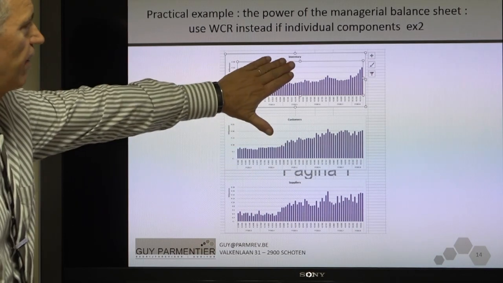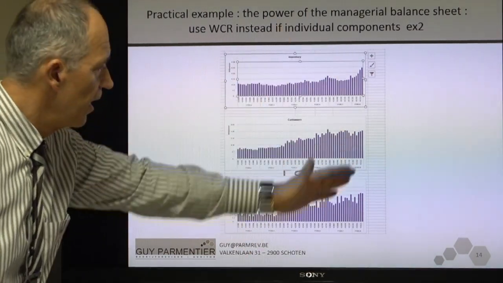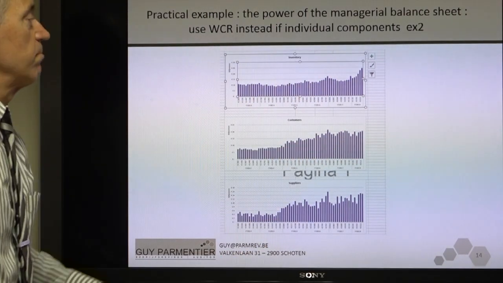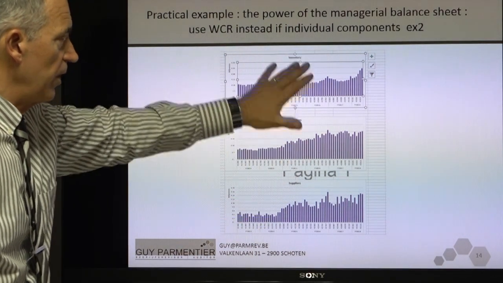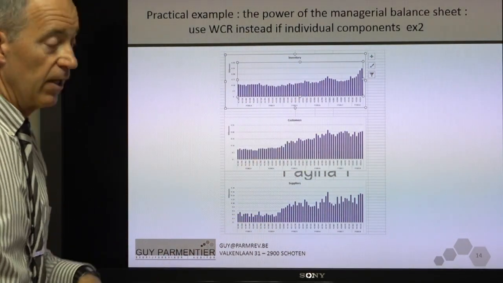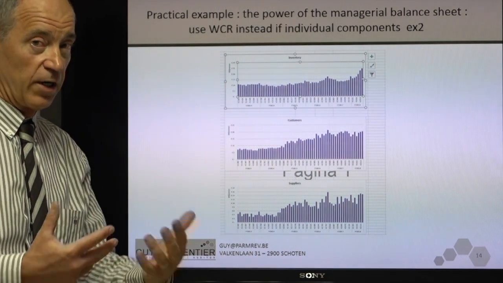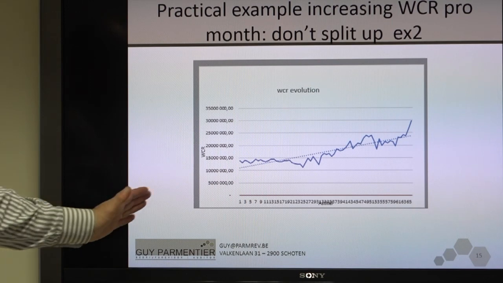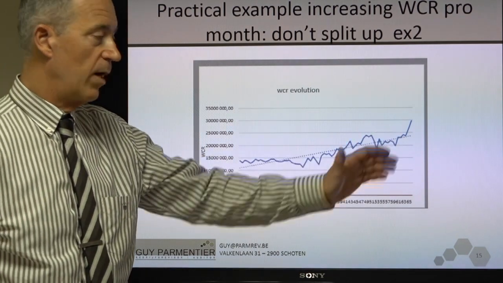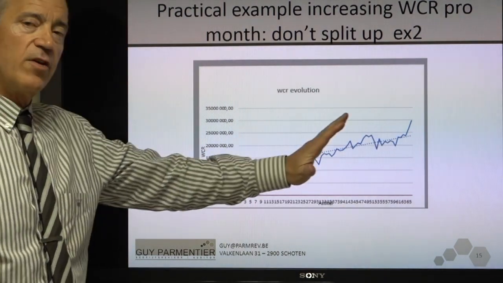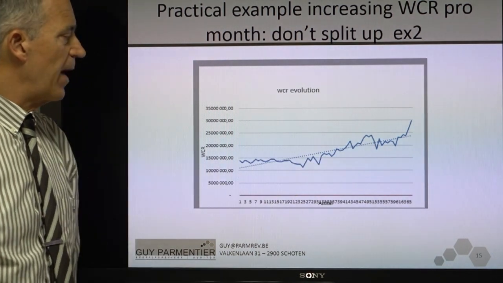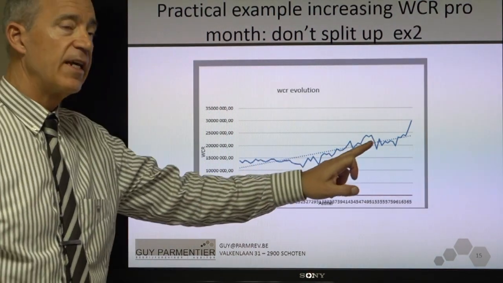All right, these are inventories, customers, suppliers. Do we consume cash? You don't know if you are putting everything separately. So what are you going to do now? We just put it all together and it's called the working capital requirement. And now you see the evolution of the working capital requirement. If this working capital requirement is on the asset side of the management balance sheet, it is consuming cash.